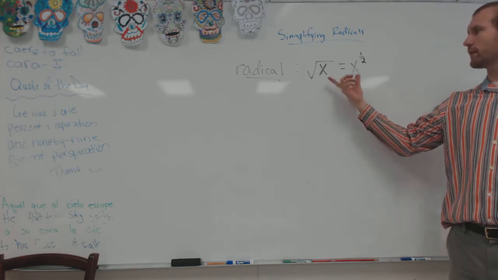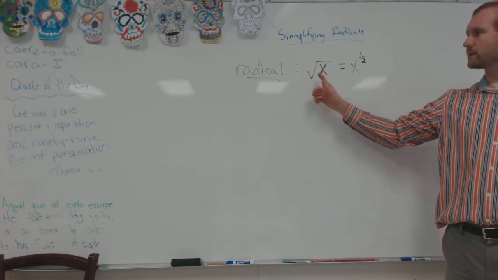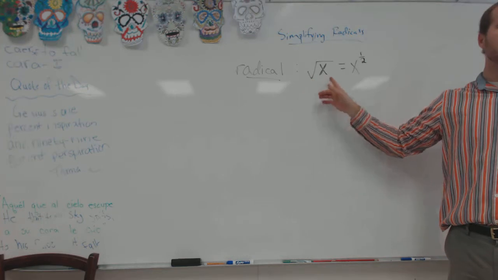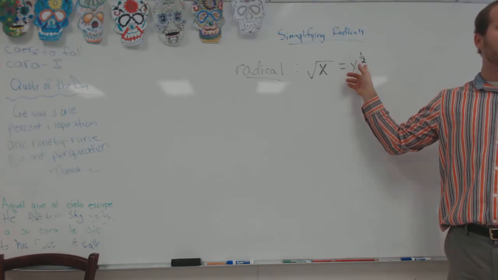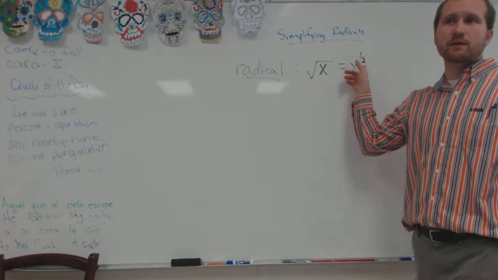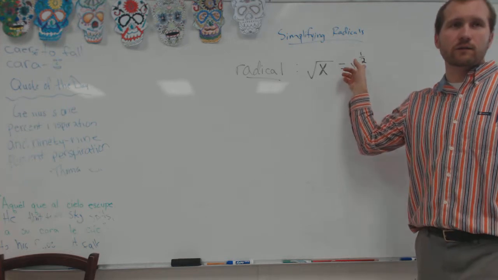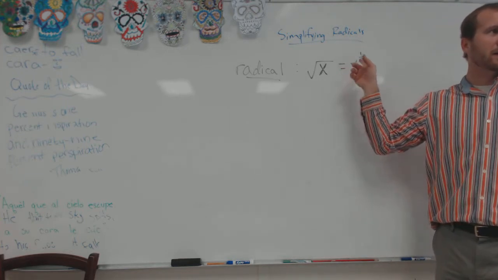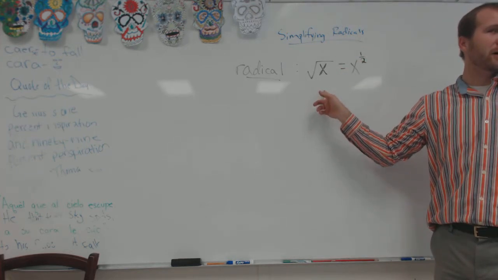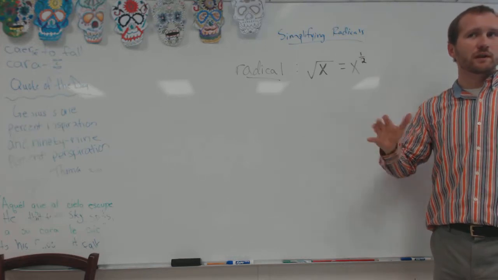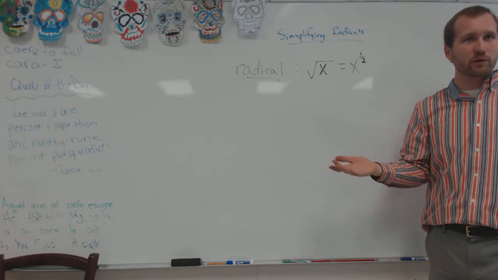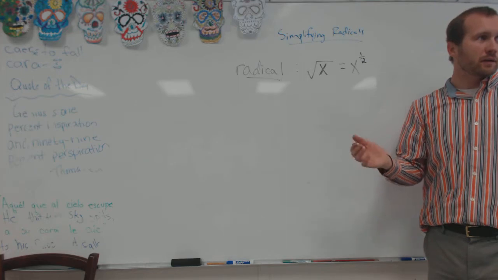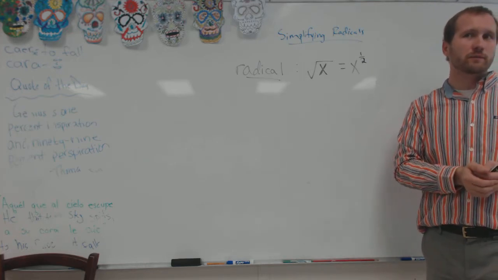And the cool thing about this definition is that we realize square roots are really exponents, which means square roots are going to follow all the same rules as exponents. So all these exponent rules that you already know, they all apply to square roots.